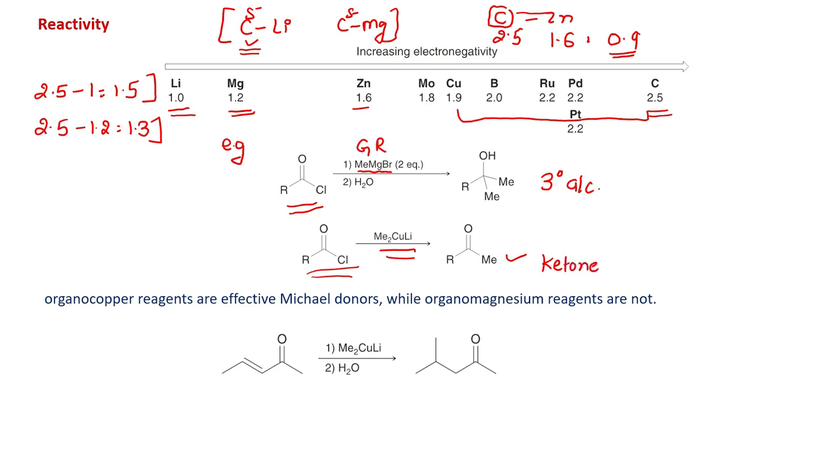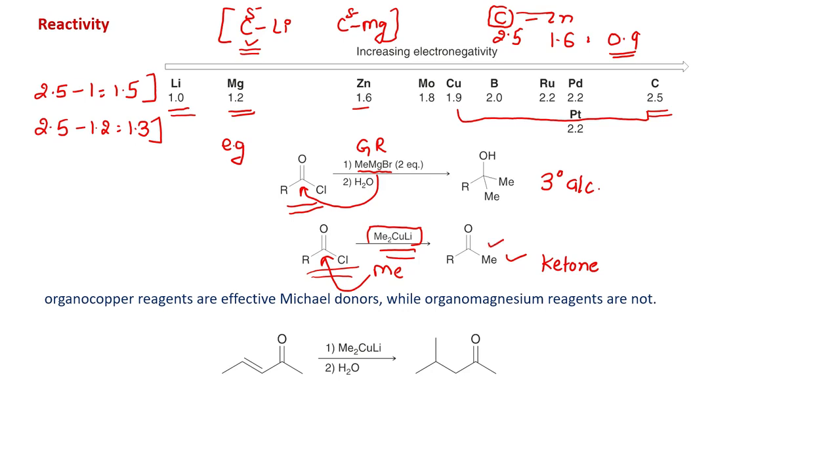This means in the methyl copper lithium complex, only one methyl group reacts with this compound, whereas with methyl magnesium bromide, which is highly reactive, the first methyl group reacts at this position and makes a ketone like this one.